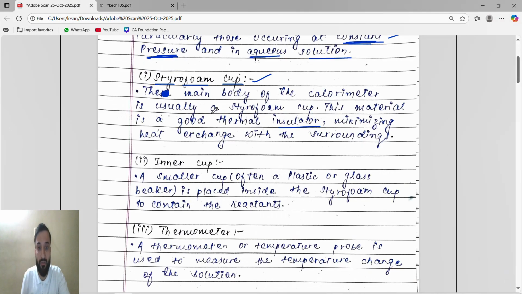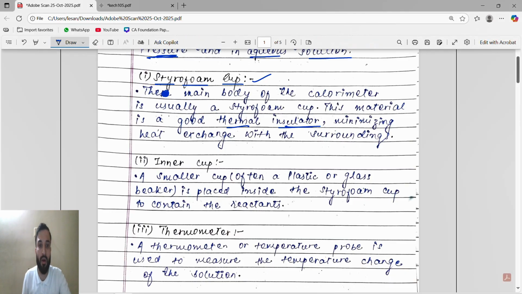Which type of boundary do we have? A thermal insulator, a heat insulator, which will not allow the heat to pass from system to surroundings or from surroundings to system. So the first important thing is constant pressure.